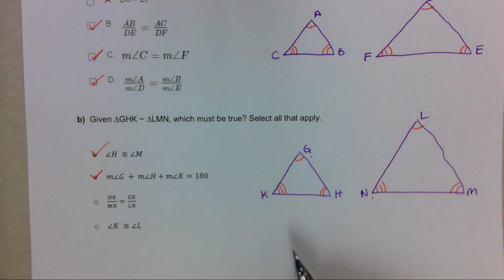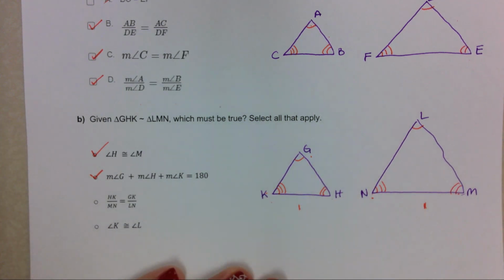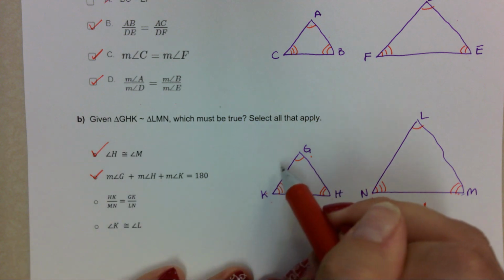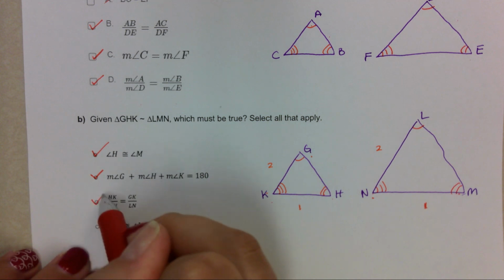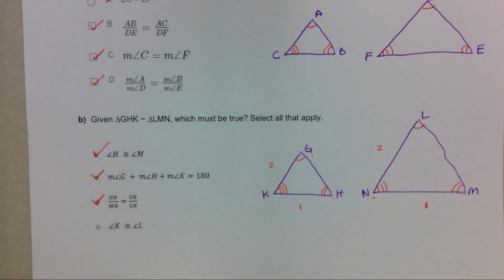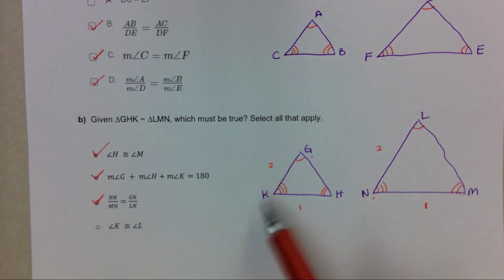That is true because those are corresponding. So we did 1 to 1 and then 2 to 2. Yes, those are corresponding, so that works. And then angle K is congruent to angle L. That one is not necessarily true because they are not corresponding parts.